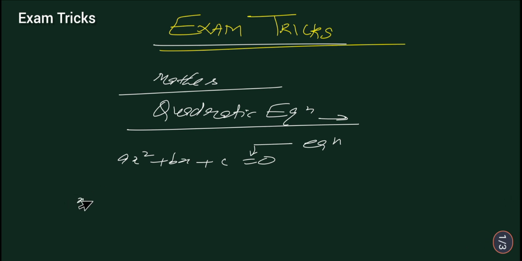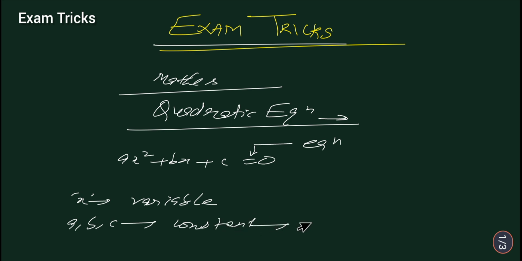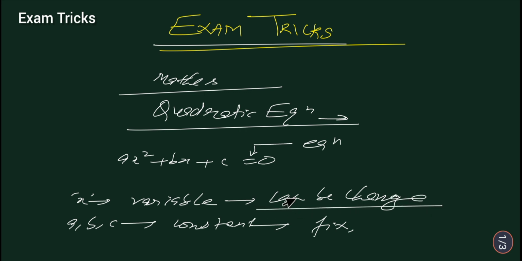Here x is the variable, and a, b, c are constants. Their values are fixed in every case and won't change, but the variable's value can be changed. The value of x can be 2, 3, minus 2, minus 15, minus 1000 or plus 1000. It can be any value, right?